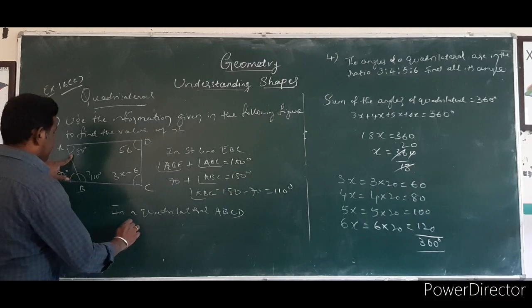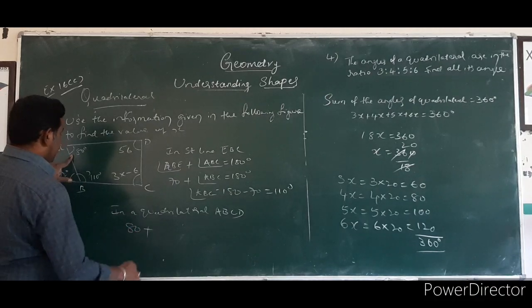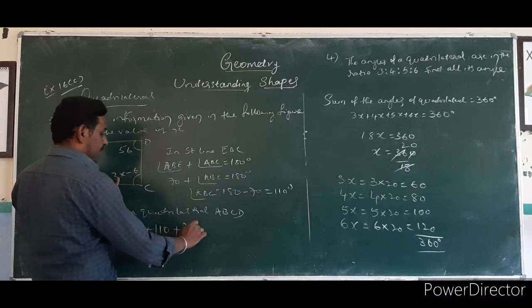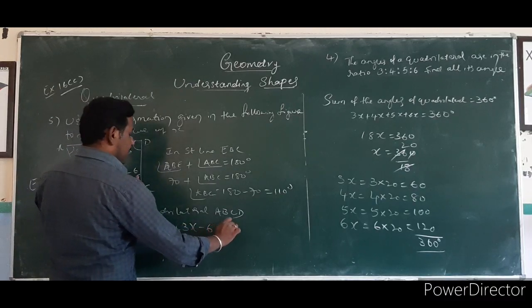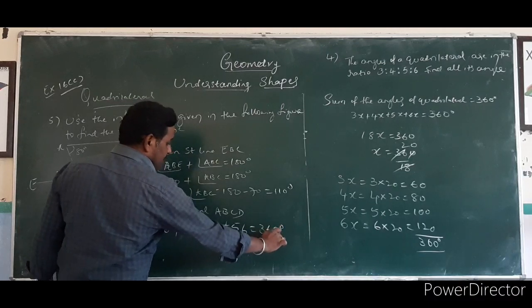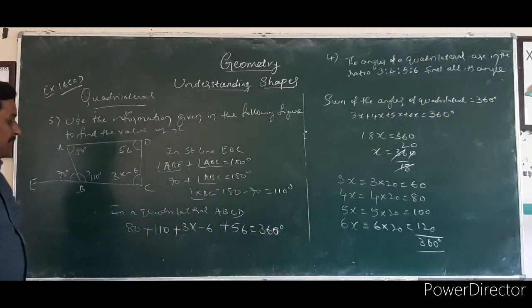Angle A is equal to 80, angle B is 110, C is 3x minus 6, plus D is 56. The total sum must be equal to 360 degrees.